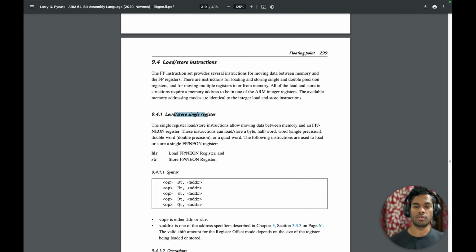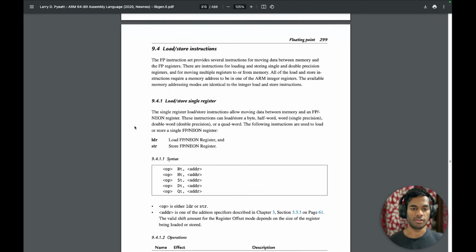The available memory addressing modes are identical to the integer load and store instructions. Okay, load store single register. The single register load store instructions allow moving data between memory and an FP Neon register. This instruction can load or store a byte, half word, single precision, double precision, or a quad word.